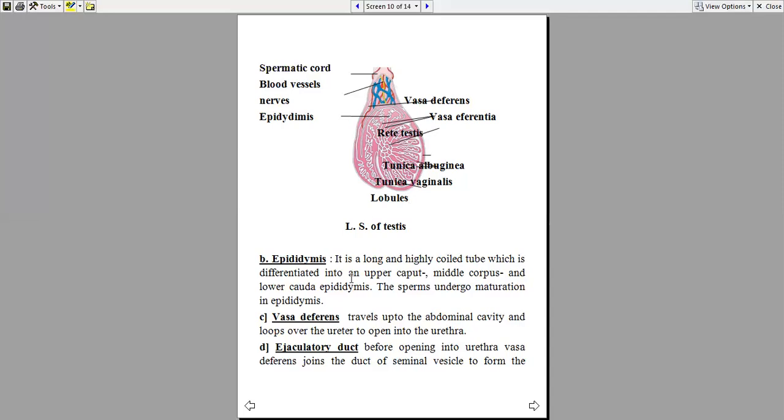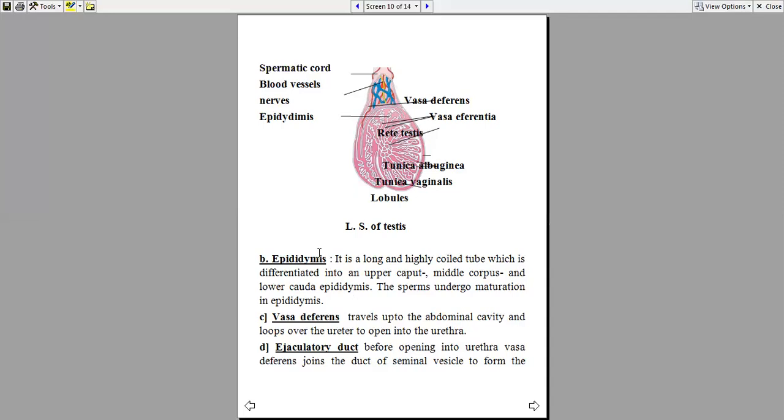Next is epididymis. It is a long and highly coiled tube which is differentiated into an upper caput, middle corpus and lower cauda. I repeat, this epididymis is divided into 3 parts. The upper part, the head region, is caput, the middle part is corpus, and the lower part is called cauda epididymis.